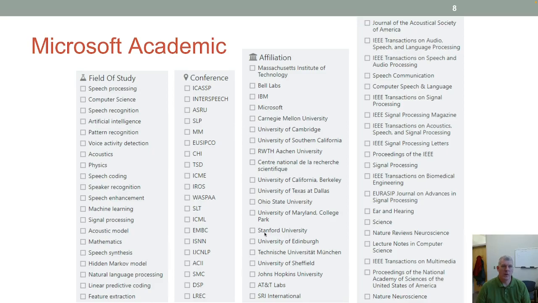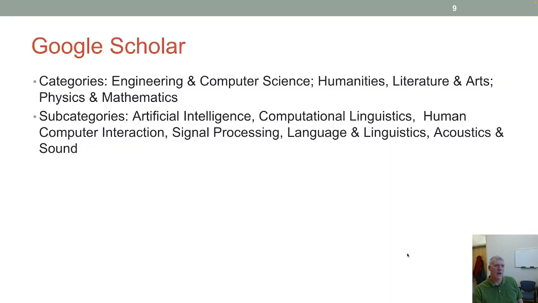University of Edinburgh, we've had a couple undergrads from BYU in the last 3 or 4 or 5 years go from our undergrad program to their master's program at the University of Edinburgh in Scotland to do their master's degree in speech processing. Very competitive program. Anyway, and then quite a few journals that deal with speech processing technology. You can find information on Microsoft Academic. Google Scholar has similar information on these fields and events and conferences and programs.